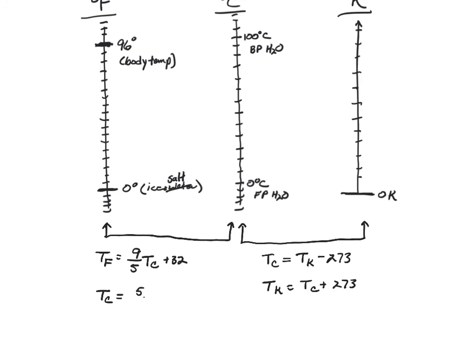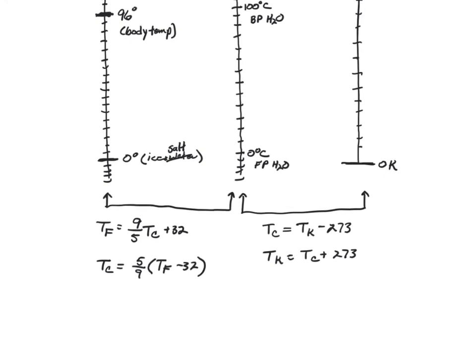And we get 5/9 times the temperature in Fahrenheit minus 32. Okay. Now, in principle, I guess you could come up with an equation that relates Fahrenheit to Kelvin, but we just tend to do kind of a two-step conversion.